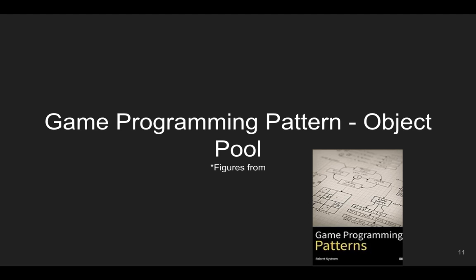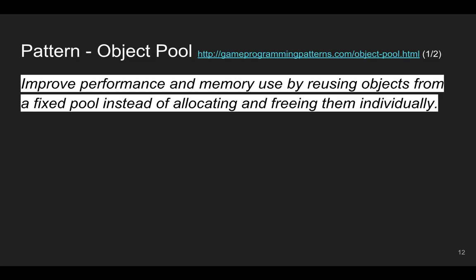So with that, I want to introduce the object pool game programming pattern. In a sentence from Nystrom, he says, the object pool is a pattern to improve performance and memory use by reusing objects from a fixed pool instead of allocating and freeing them individually.